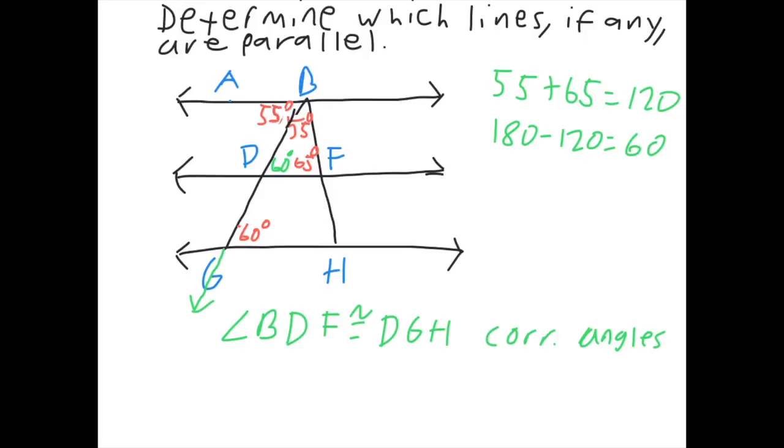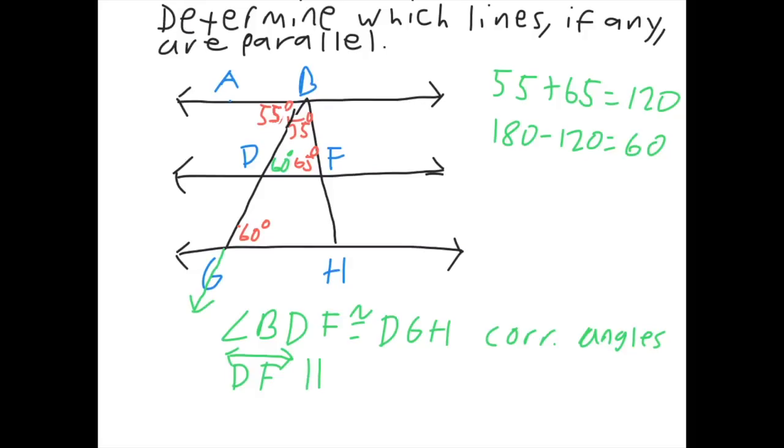So the two lines that they are related to are parallel because of the corresponding angle theorem. So this line right here, line DF, is parallel to this line right here.